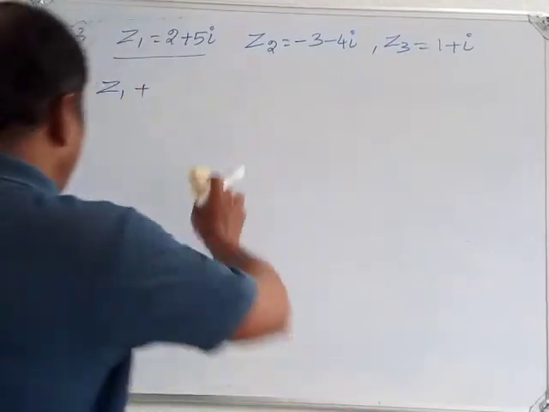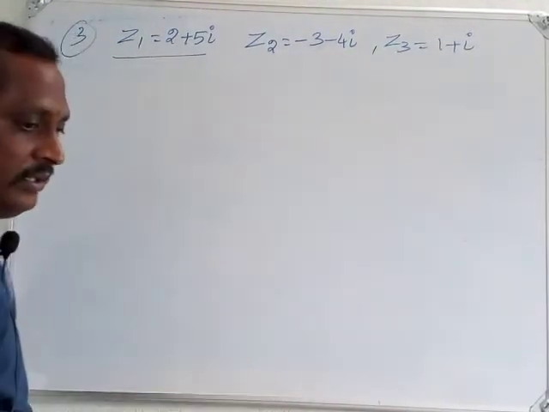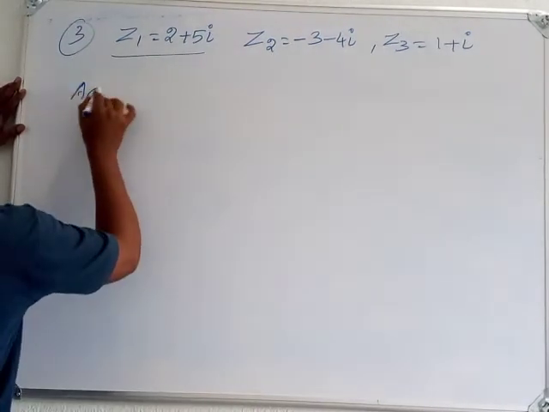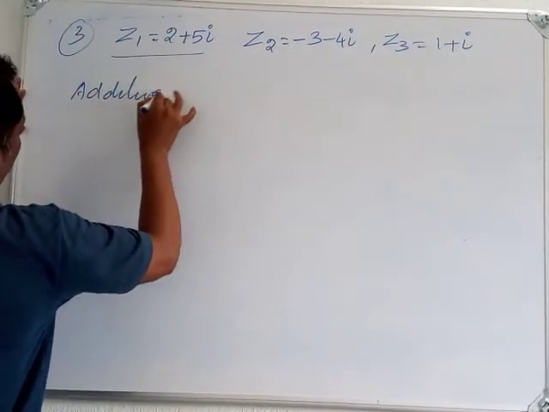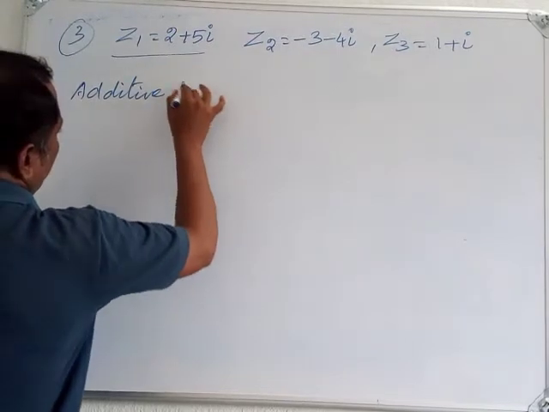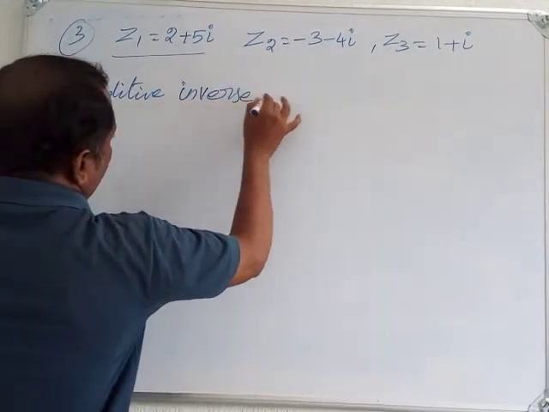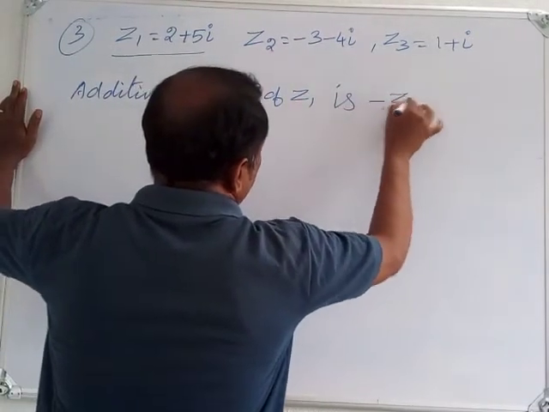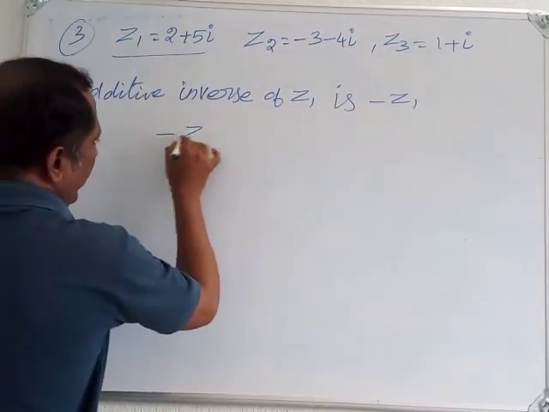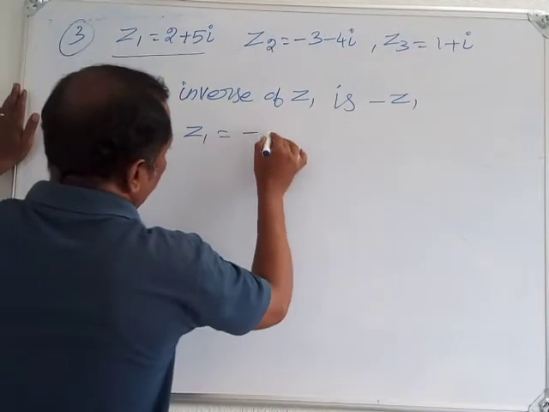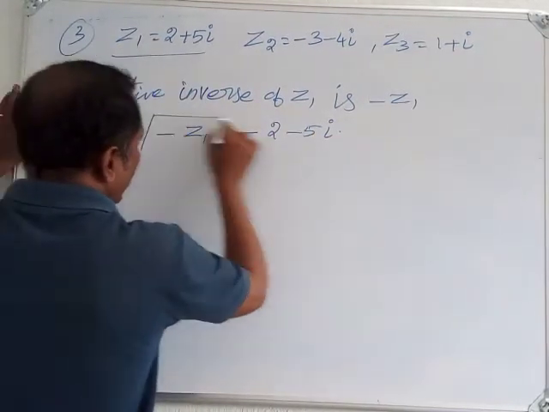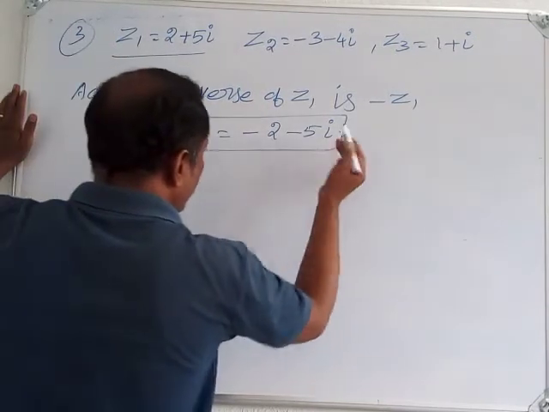How to find the additive inverse of Z1? The additive inverse of Z1 is minus Z1, that is minus 2 minus 5i. This is the additive inverse for Z1.